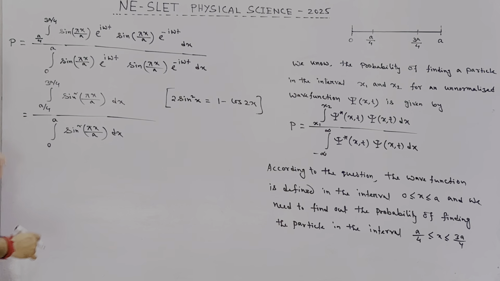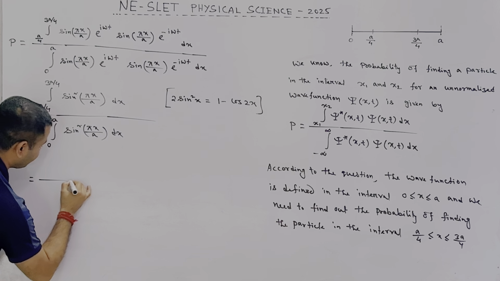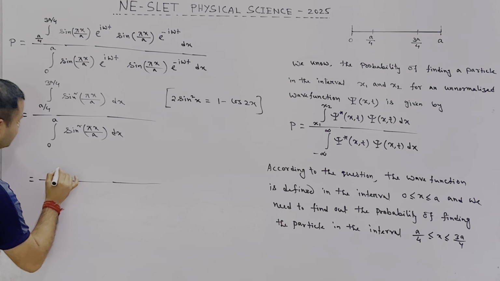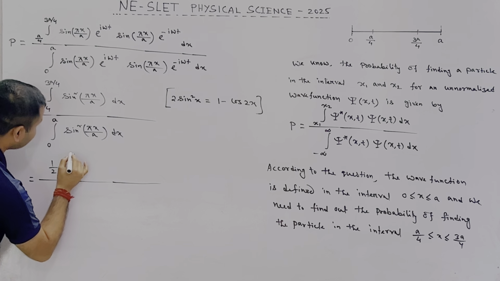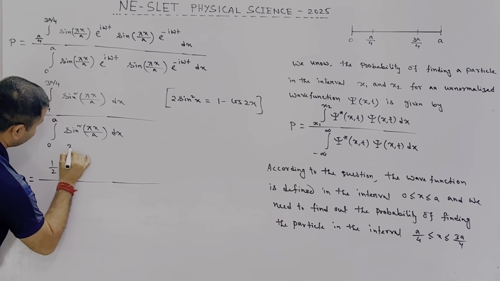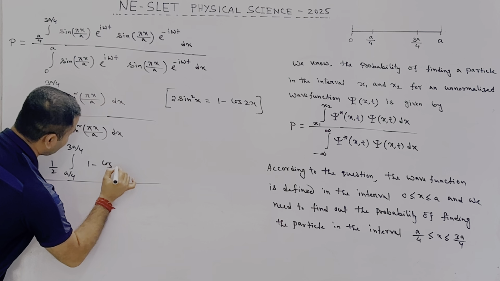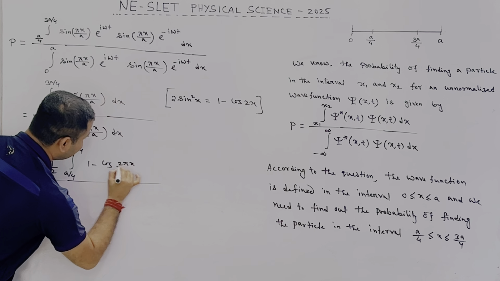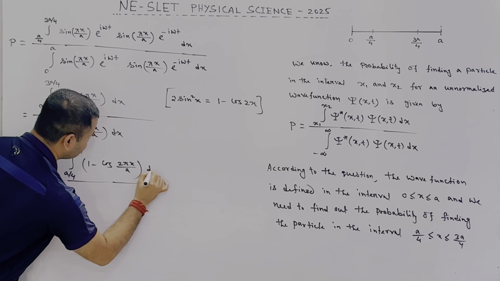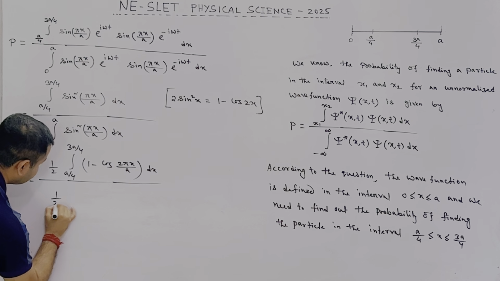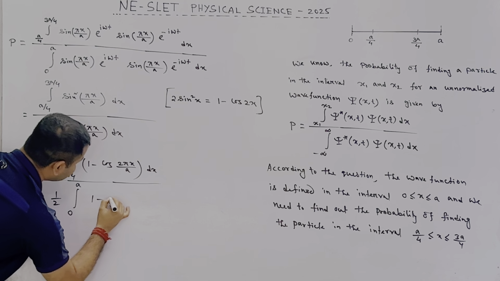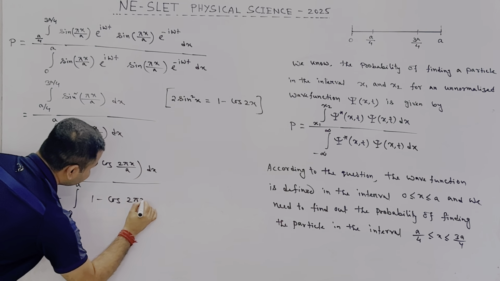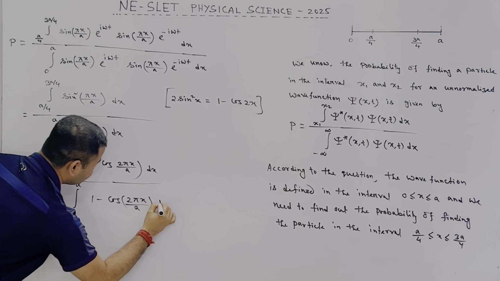So we can write 1 by 2 integration a by 4 to 3a by 4 into 1 minus cos twice pi x by a into dx divided by half of integration 0 to a 1 minus cos twice pi x by a into dx.